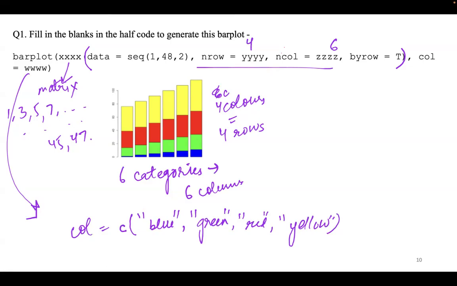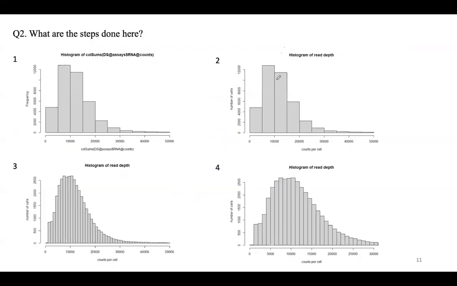Good, that's nice. And this is just to see, when you go from plot 1 to 2 to 3 to 4, what has been done here? How did you make this plot? So what sort of a plot is it? Out of the 4 types of plots we saw today, what plot is this?